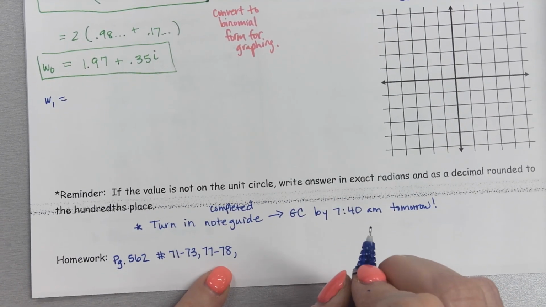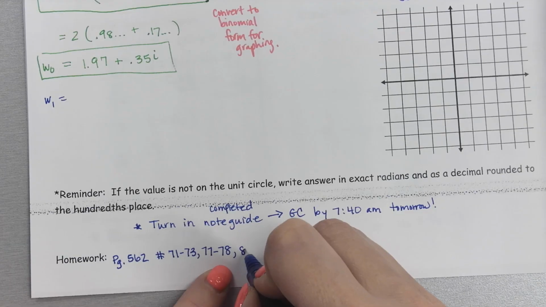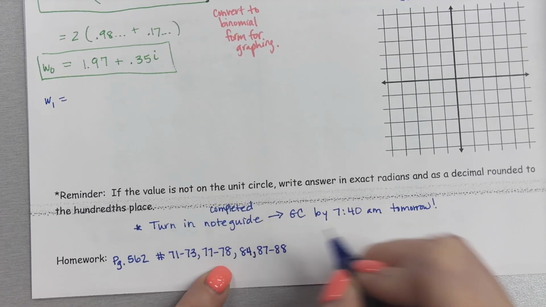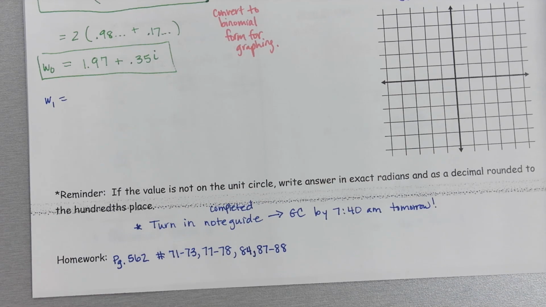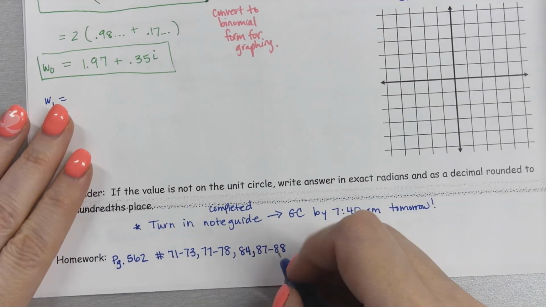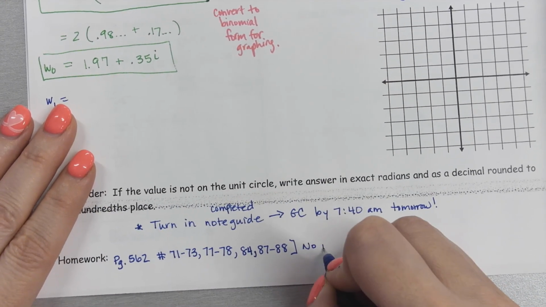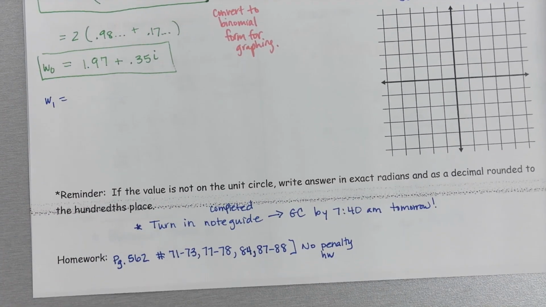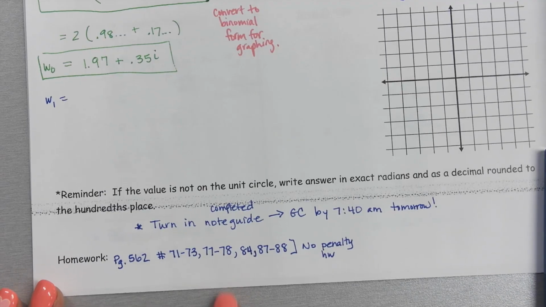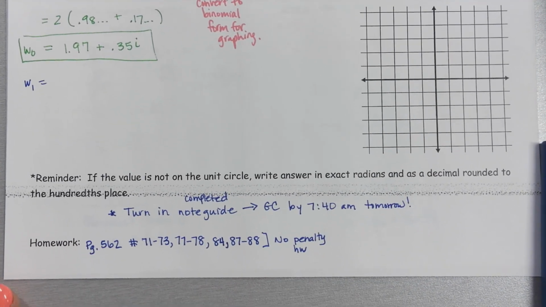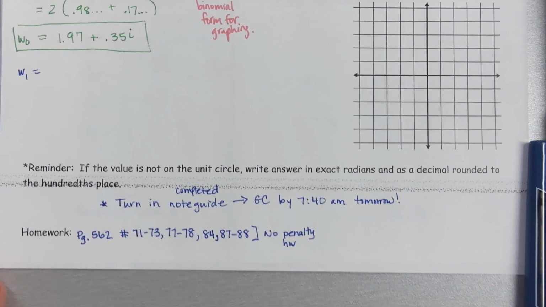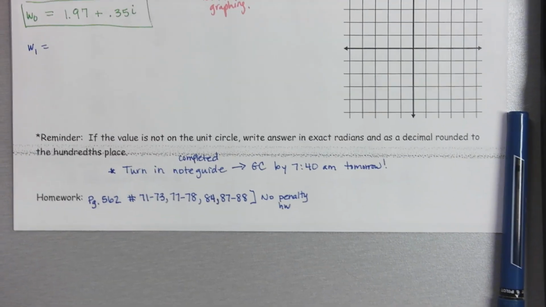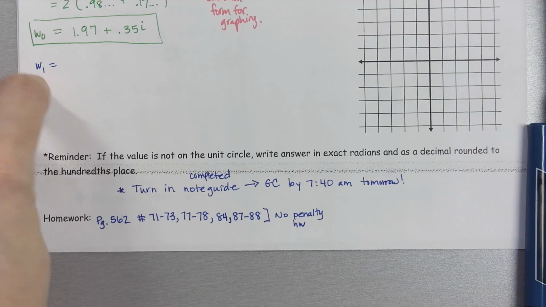And then the ones that cover the last 2 pages are 84, 87, and 88. I did change that on the calendar as well. Okay, so I'm going to let you finish those.